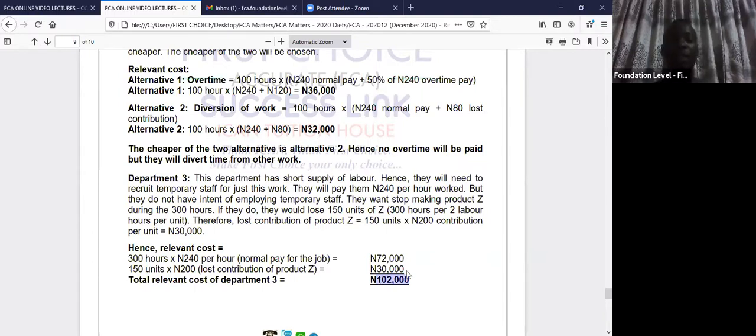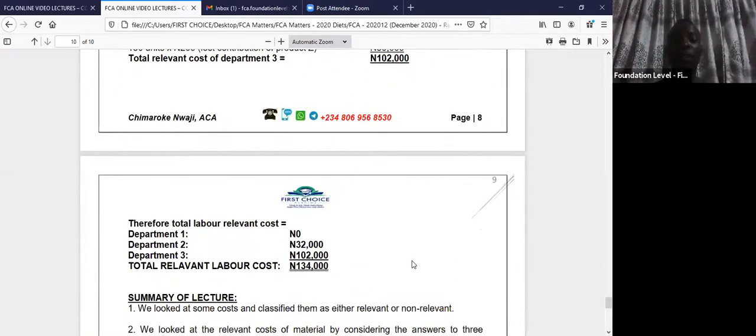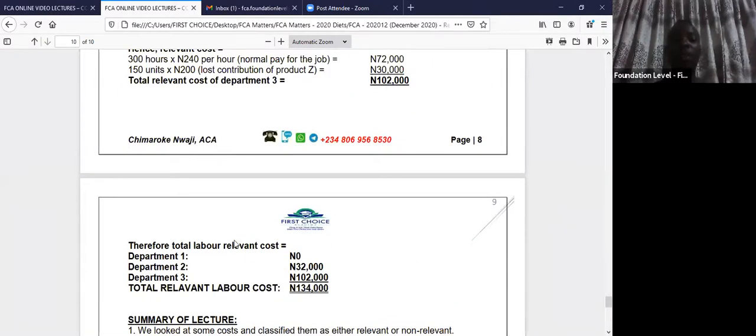So what is the total relevant cost for labor? Department 1, we say it was 0 because they have spare capacity. Department 2, we had two options, overtime of 36,000, diverting of work, we spent 32,000. We say 32,000 was the cheapest.